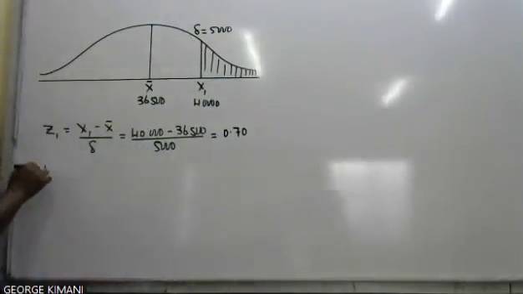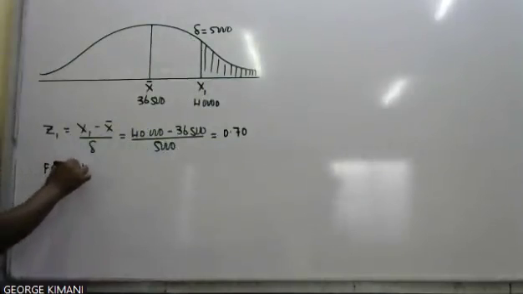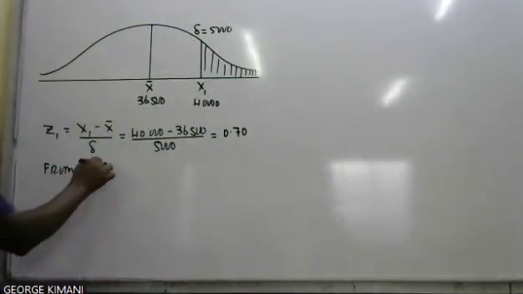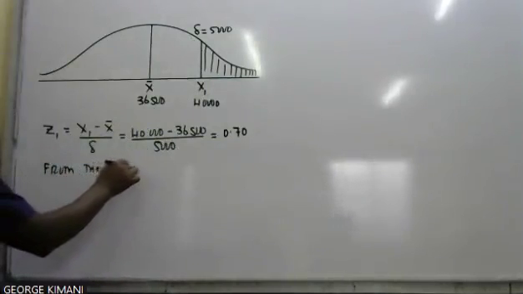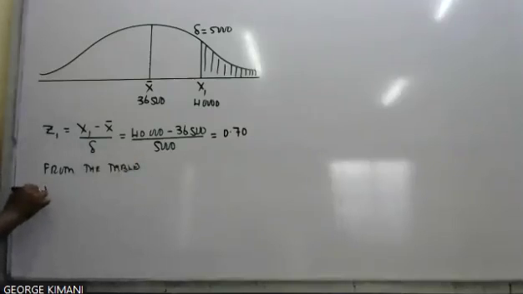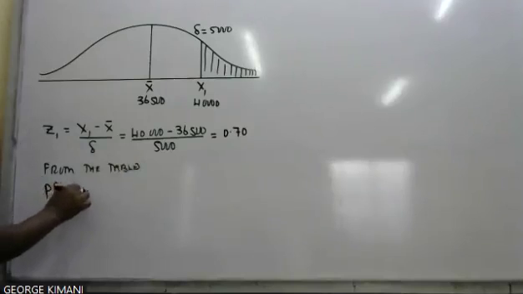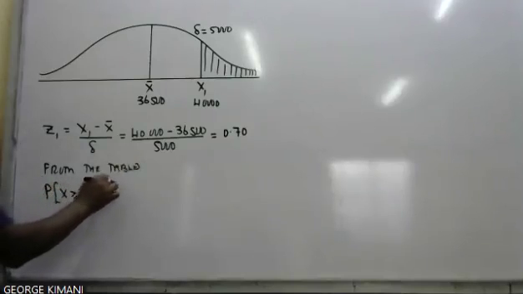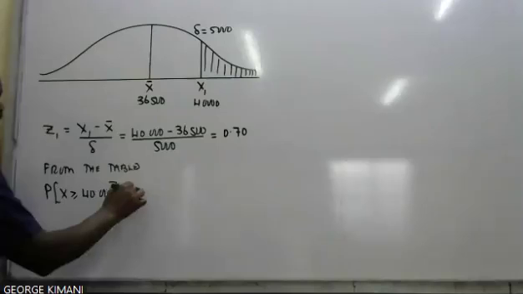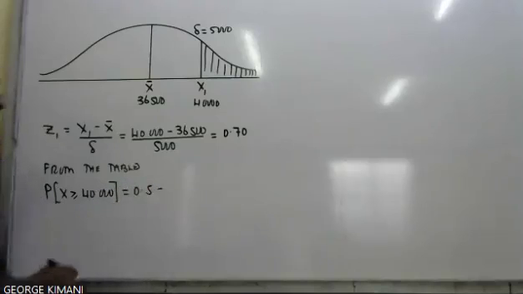So then you say that from the tables, probability that X is greater than or equal to 40,000 will be equal to 0.5 minus.